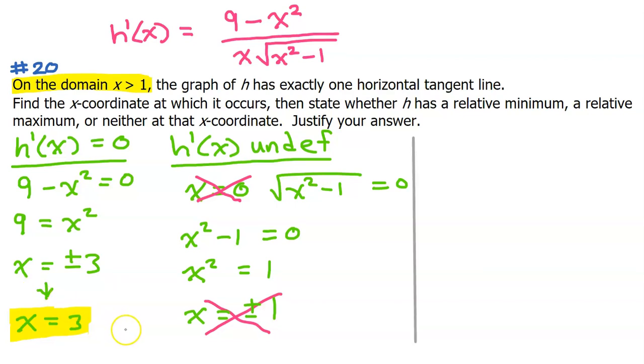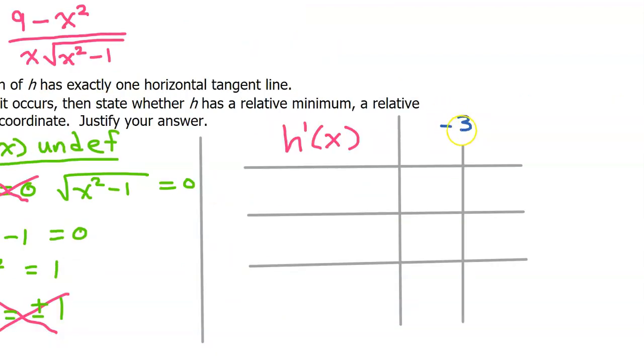To determine whether there is a relative max or a relative min, or neither, at x equals 3, we need to put this number on a number line and make a sign chart. So here's negative 3 on this little number line. I am going to have 3 rows on my sign chart because I'm looking at the following 3 factors.